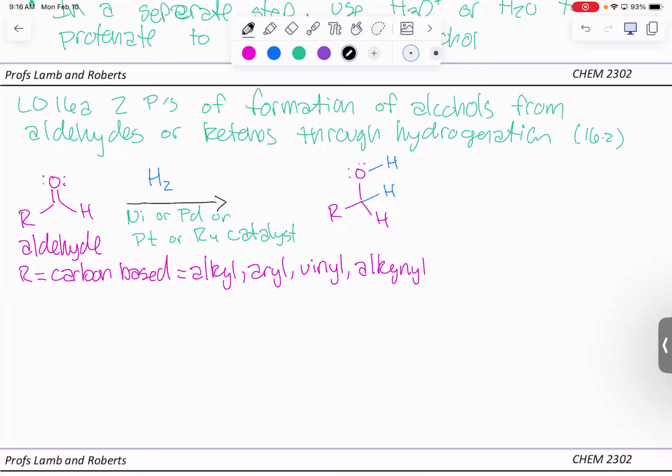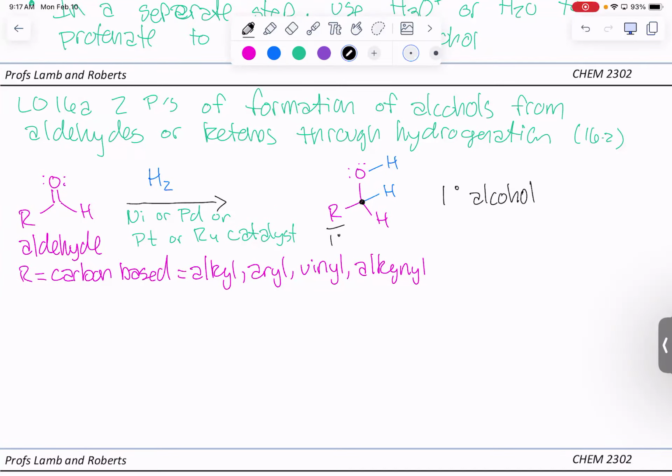And when we use an aldehyde, we're going to end up with a primary alcohol. When we say primary, secondary, sometimes we're referring to how many atoms are on that particular atom of interest. But in this case, for a primary alcohol, we're really focusing on the fact that there's a single R group here. So this is the primary group, all right? There are 2 hydrogens, and it's a primary alcohol.